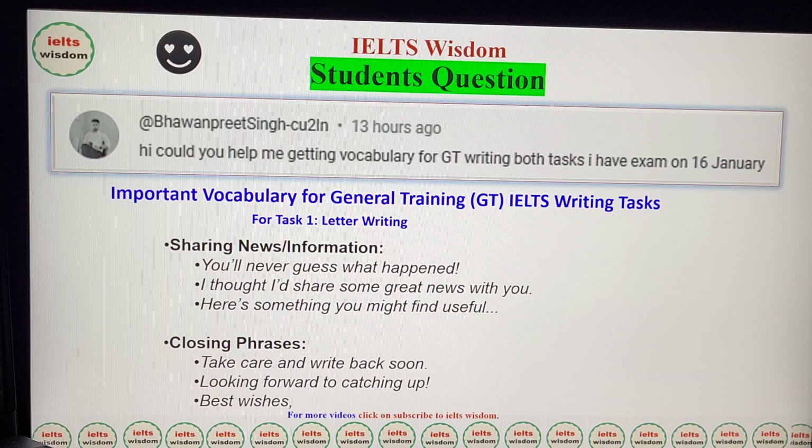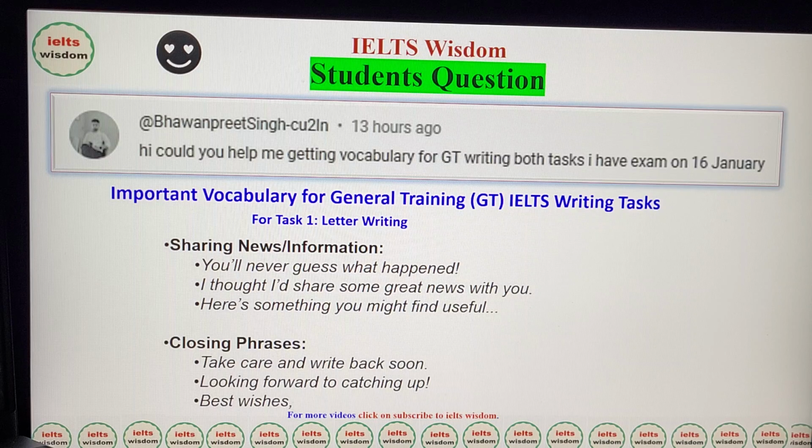Okay, and the second way you can also say, I thought I would share some great news with you. Like, the news is you're going to plan to go on a trip, and that is from this date to this date. And then, here is something you might find useful, because I'm going to the place which you already planned for your trip.